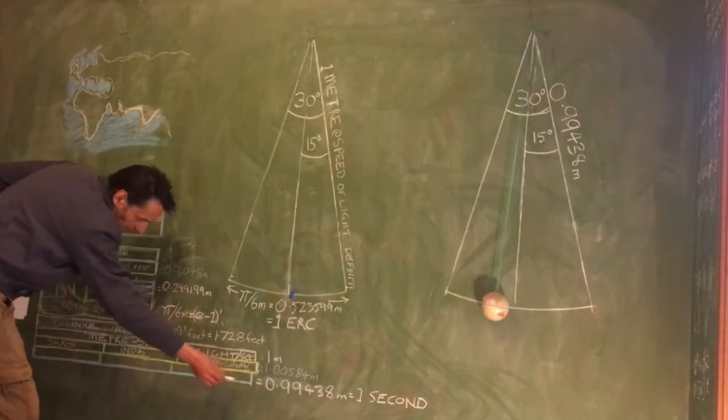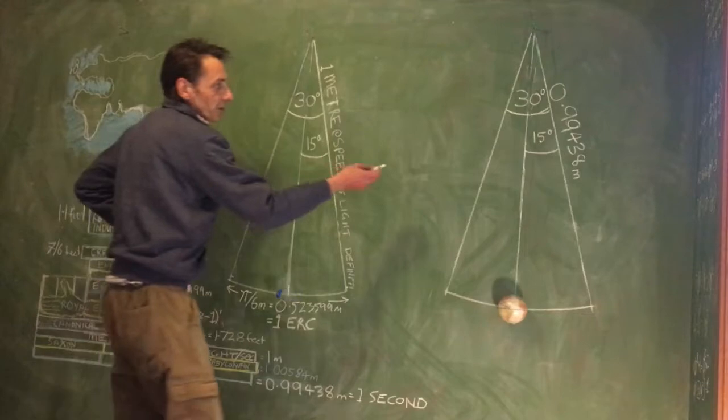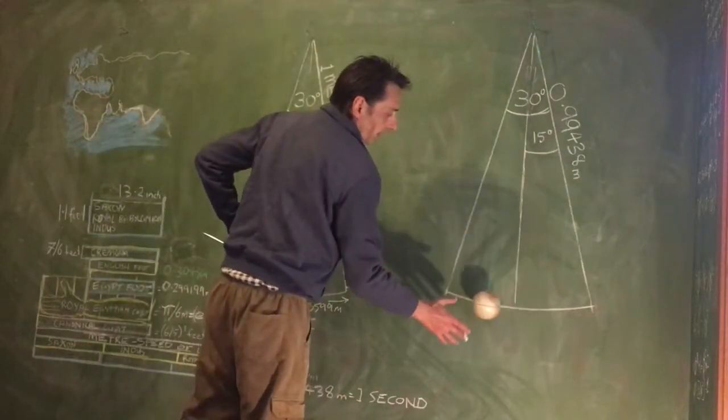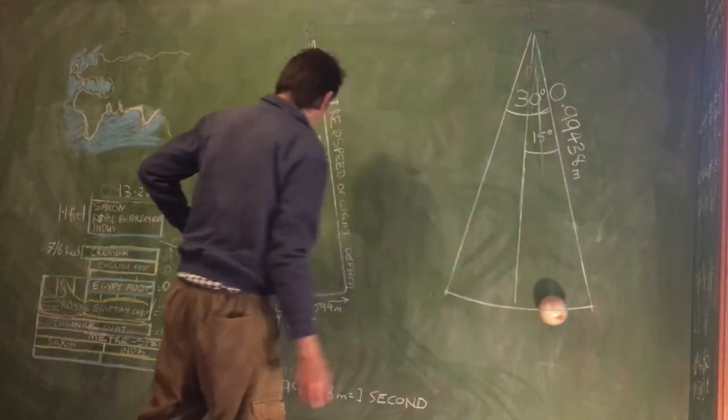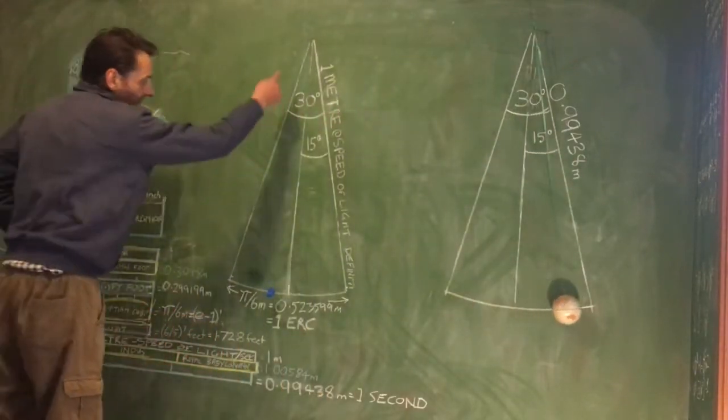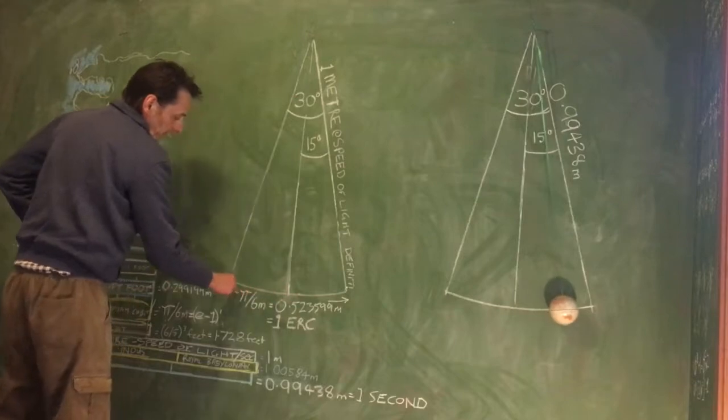So 1 American yard would have been effectively the French metre defined by a 1 second pendulum at 45 degrees, which is this number. Now you have the speed of light metre.